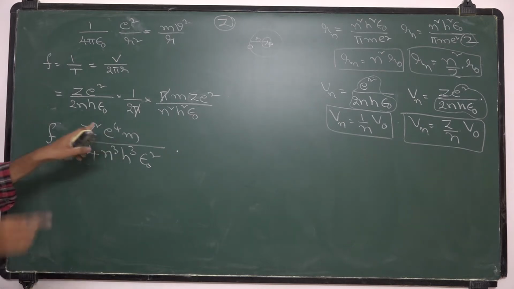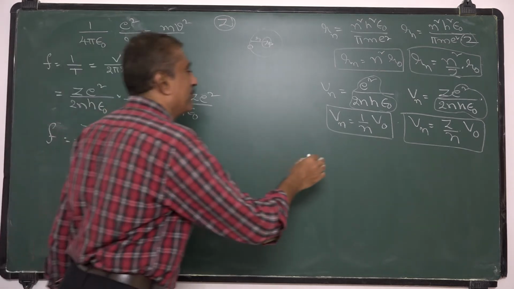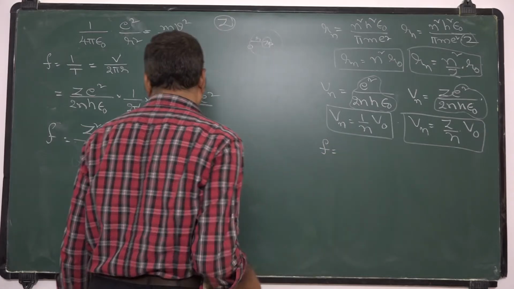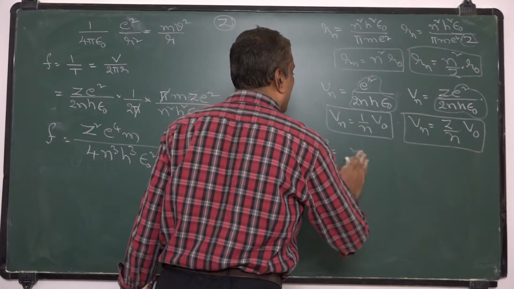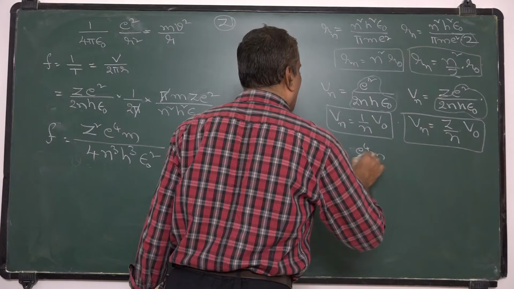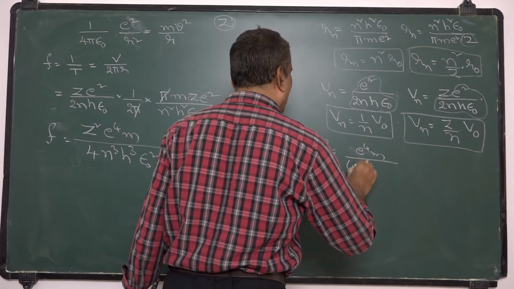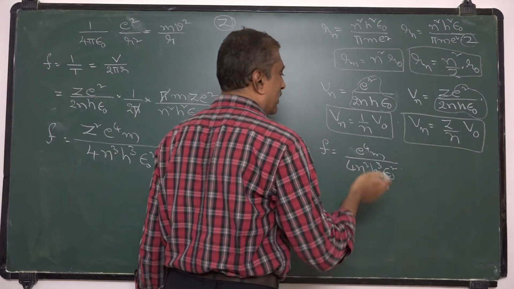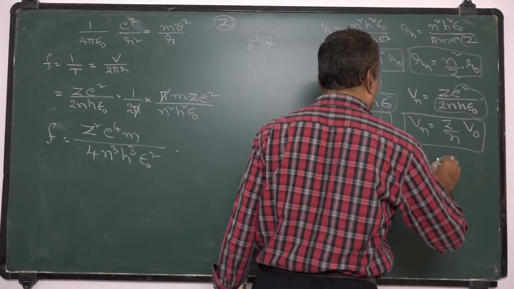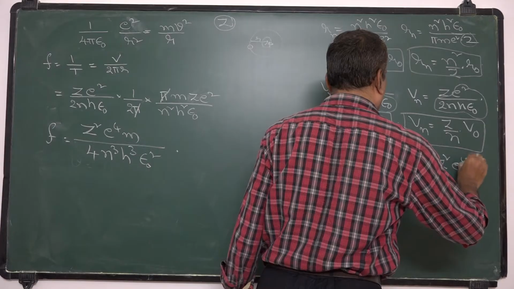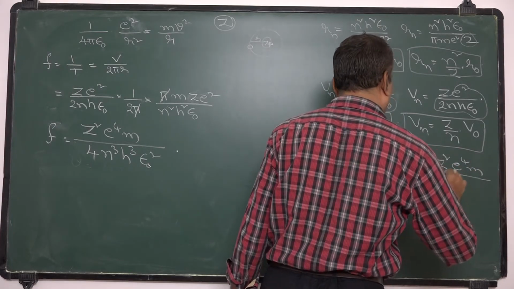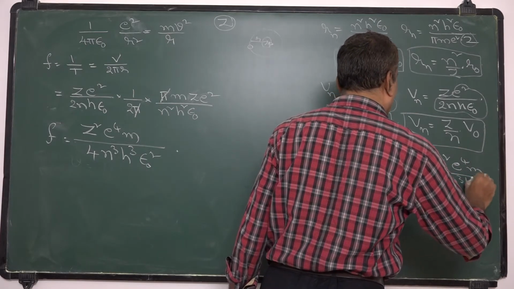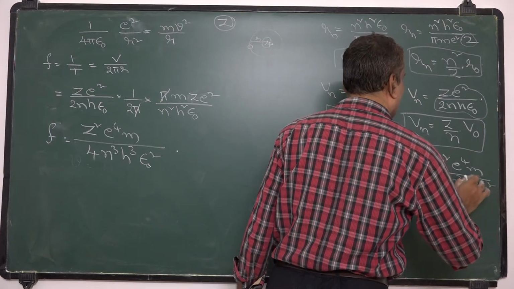Now actual value of f is equal to, we have e power 4 m by 4 n cube h cube epsilon naught square. So here we got f is equal to Z square e power 4 m by 4 n cube h cube epsilon naught square.